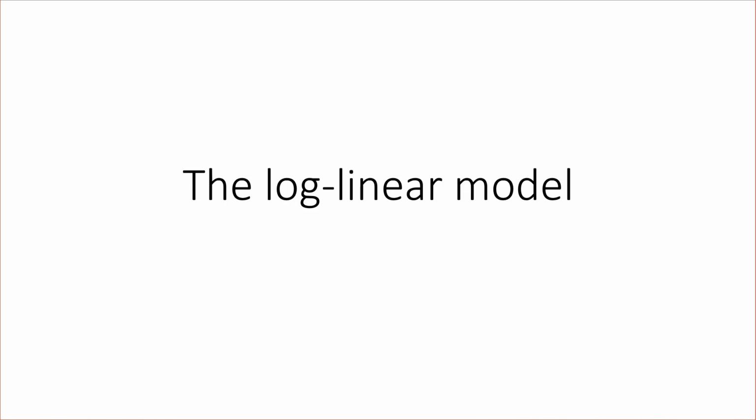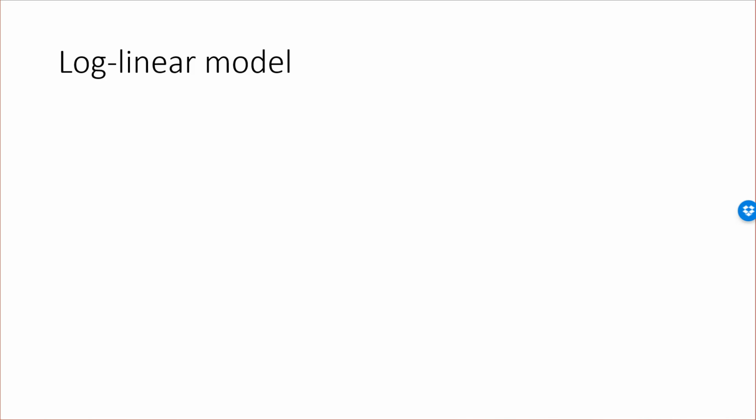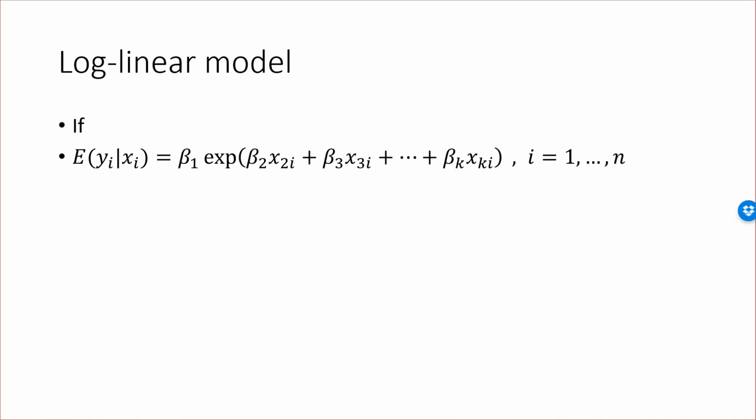Let's generalize this to a case where we have an arbitrary number of explanatory variables. So the general setting of the log-linear model is this one. The expected value of y given x_i is beta 1 times e to the, and then all these terms, beta 2 x_i2 plus and so on. We have an error term, which is the ratio of y_i to the expected value of y_i.